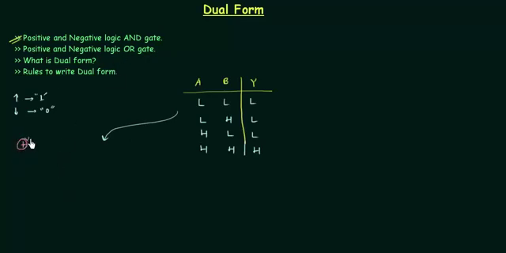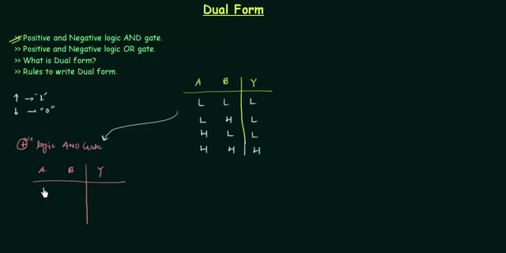So positive logic AND gate, A, B are the two inputs, Y is our output, and now we will fill this table depending upon the convention of positive logic.